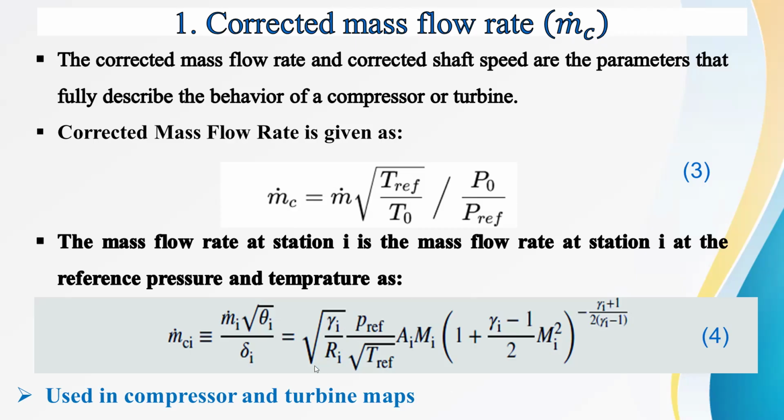So the square root of gamma_i over R_i times the reference pressure, divided by the square root of the reference temperature, times the area of section i times the Mach number of section i, the whole times 1 plus (gamma minus 1) over 2 M_i squared, raised to the power of minus (gamma_i plus 1) over 2(gamma_i minus 1).